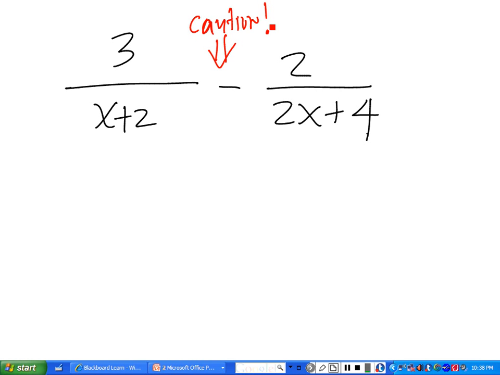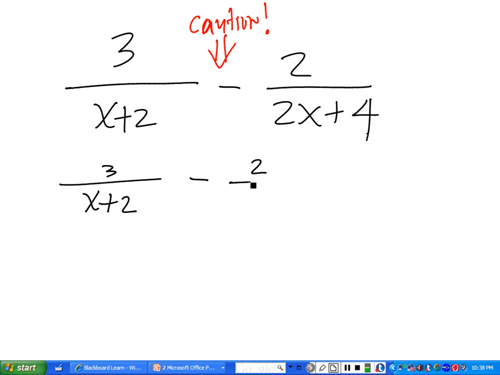First thing you need to do, if applicable, is factor the denominators. x plus 2 is already simplified, but on the right side, can we factor 2x plus 4? Of course we can.